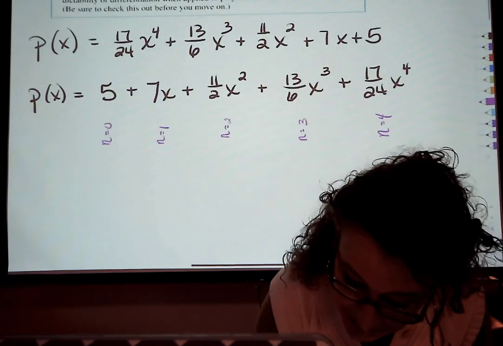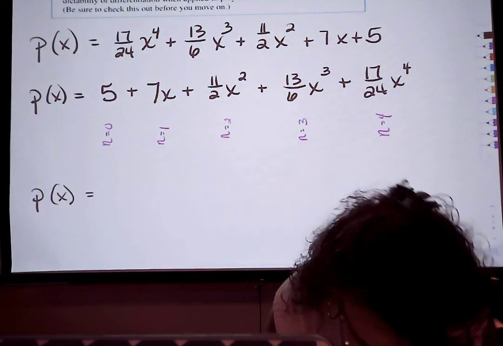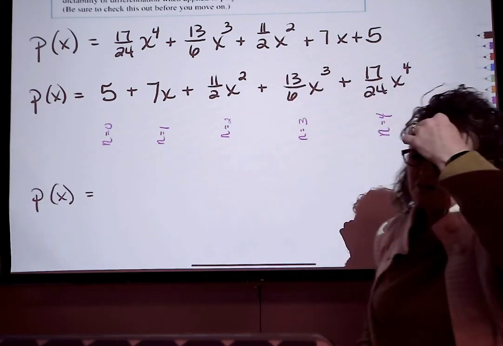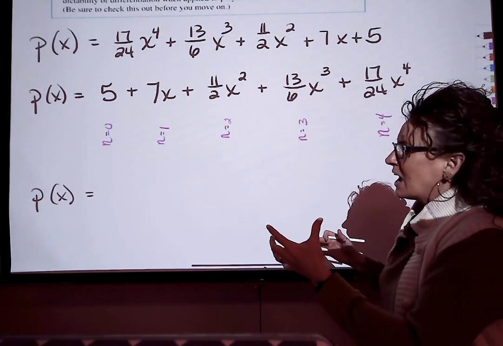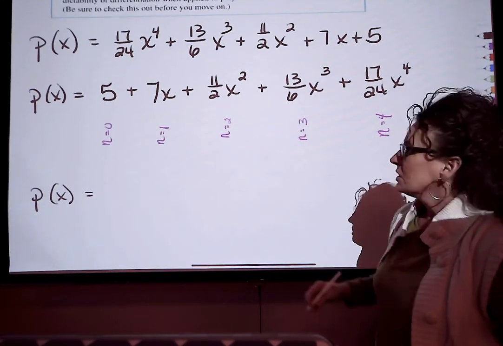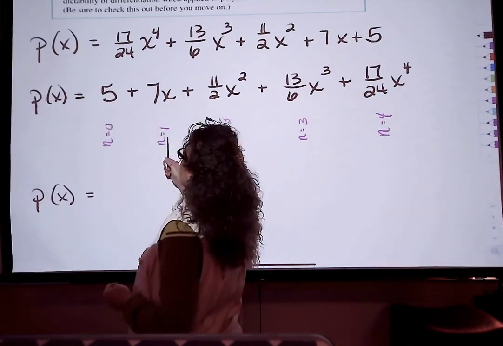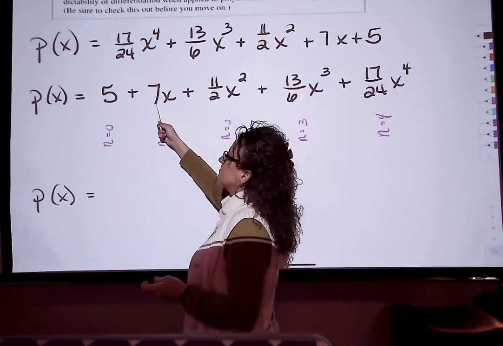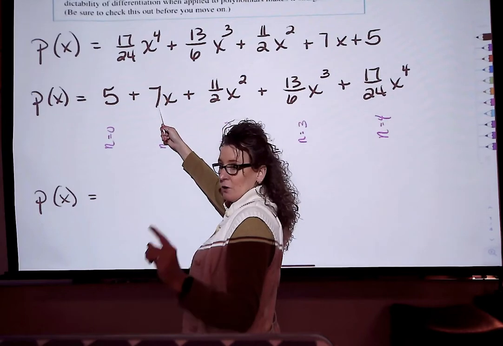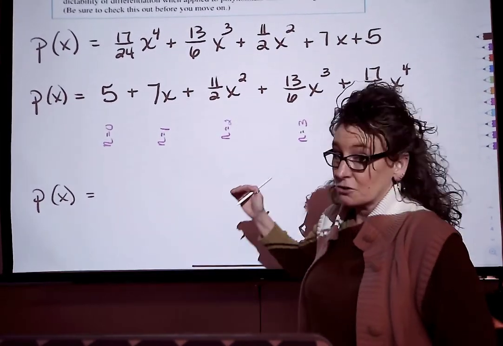So, in general terms, can we kind of come up with how these things come about? So my 0th term, I've got p of 0. In my first term, I've got the value of my first derivative, and I've got an x to the first power.